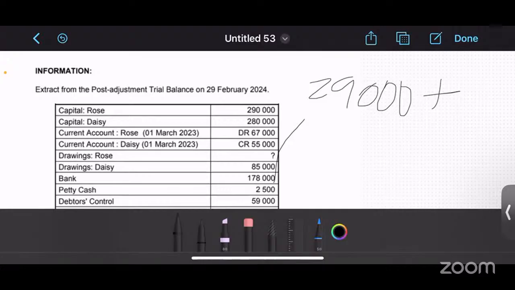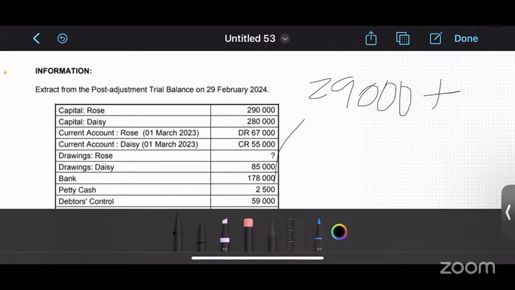You multiply the 290,000 by 10% because that is the capital that was in the business from the first day of the financial year till the last day.